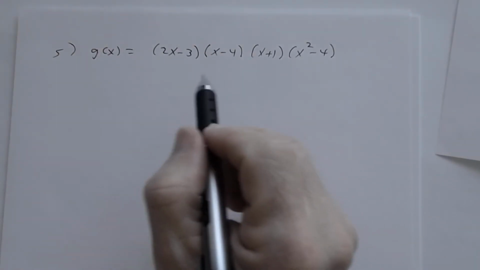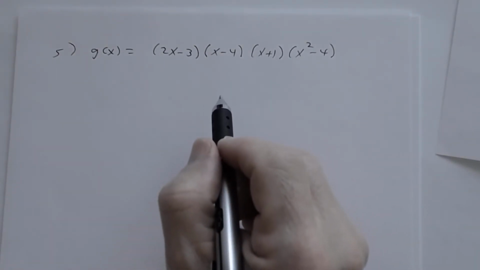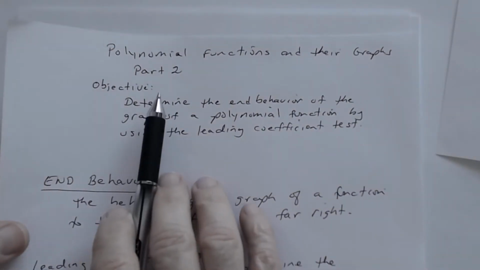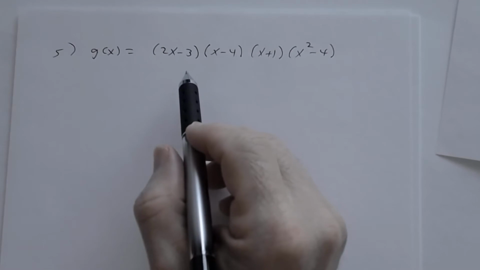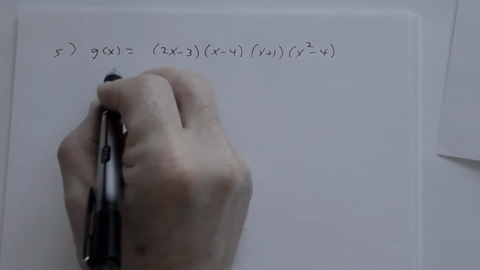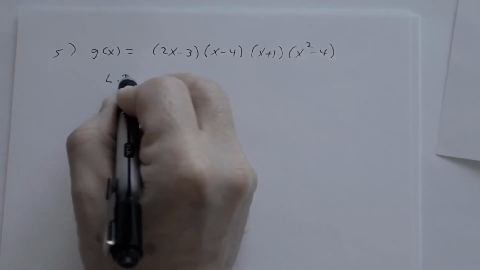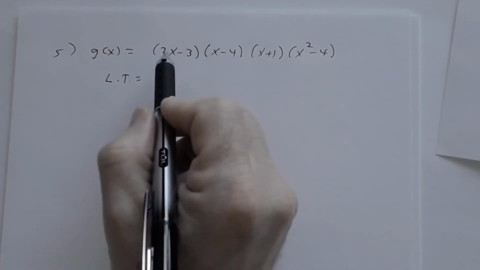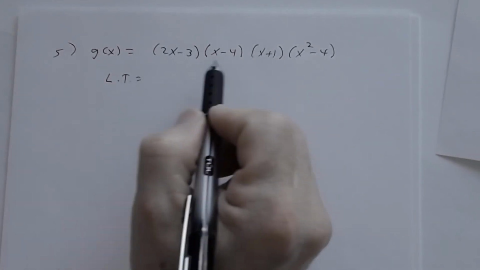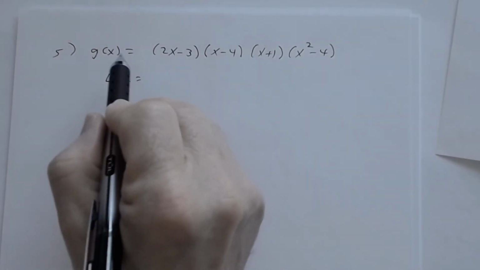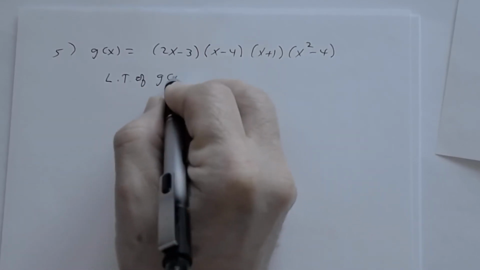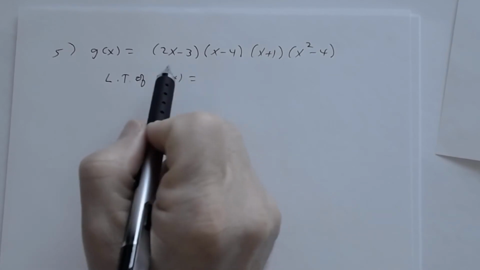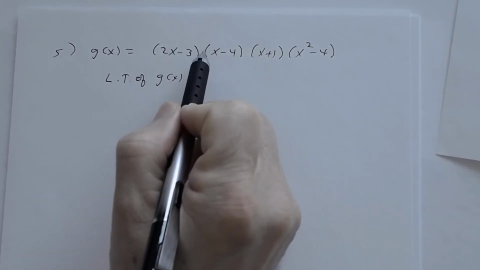Remember in our previous lesson, part 2, we saw this: if it's in factored form, you get the leading term by taking the leading term of each factor. So the leading term of g of x will equal the product, remember, these are all products.